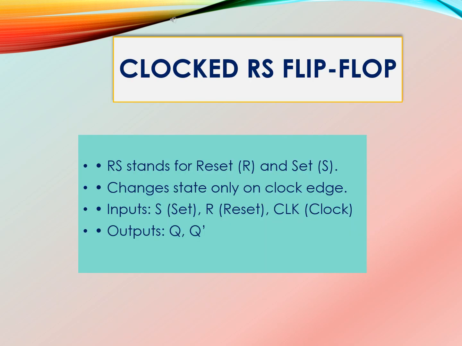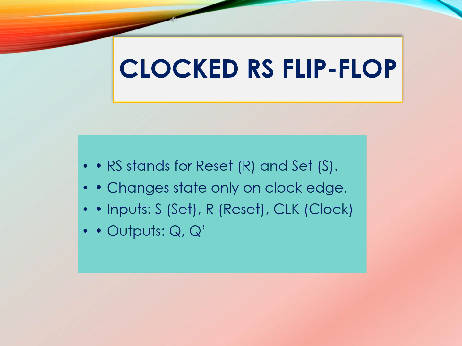Now let's talk about the clocked RS flip-flop. RS stands for reset and set. This flip-flop only changes its state when there is a clock pulse, making it edge triggered. It has three inputs: S for set, R for reset, and clock.